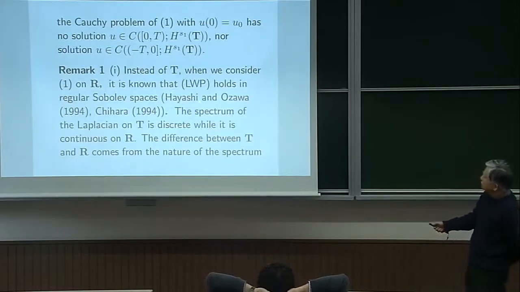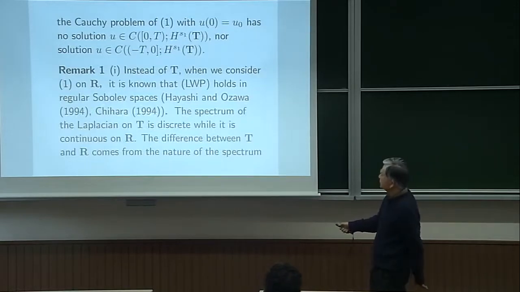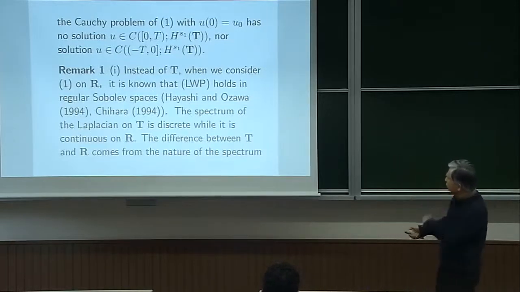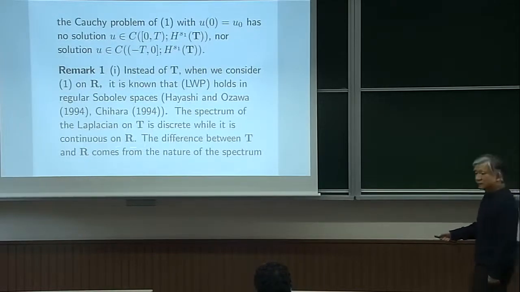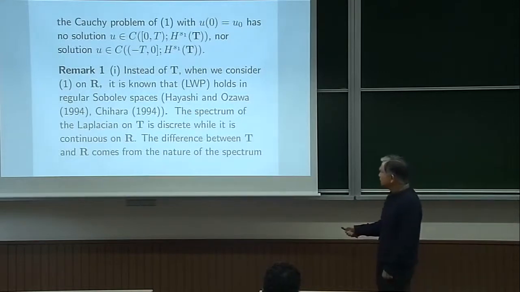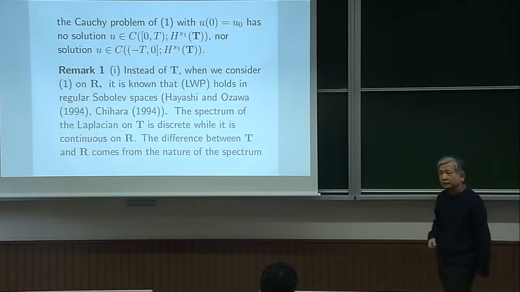This is due to Hayashi, Ozawa and Chihara in 1998. The spectrum of the Laplacian on T is discrete, while it is continuous on R. So the difference between T and R comes from the nature of the spectrum of the Laplacian.